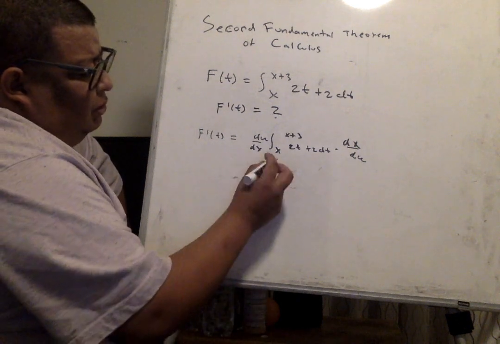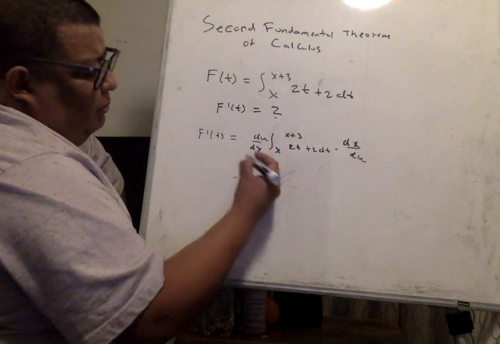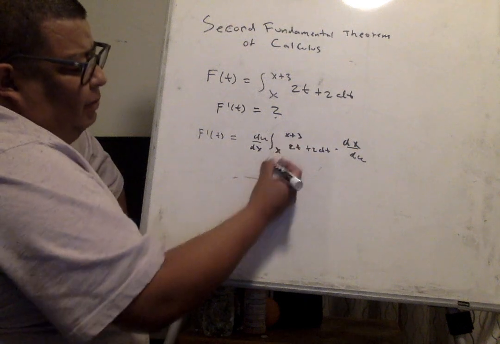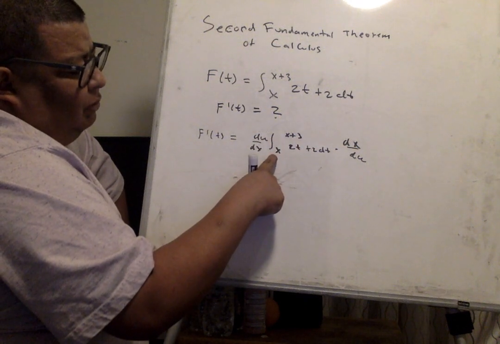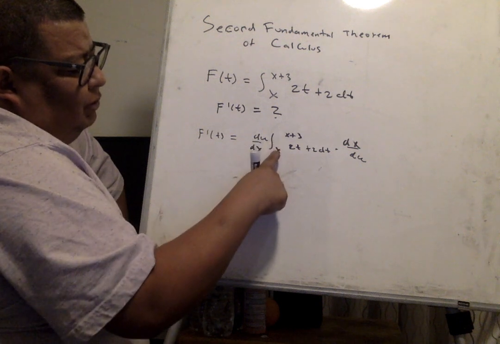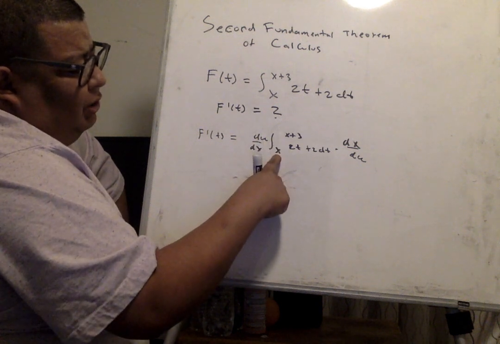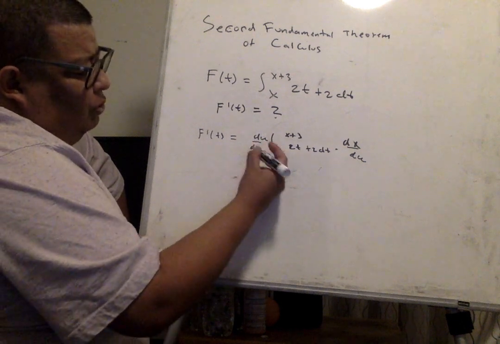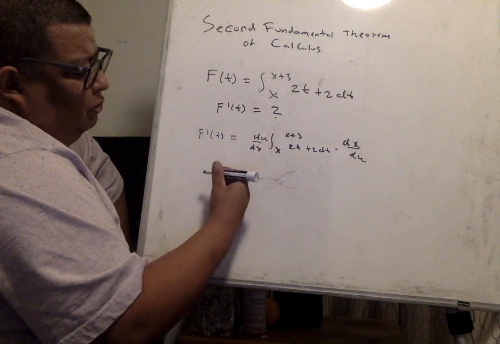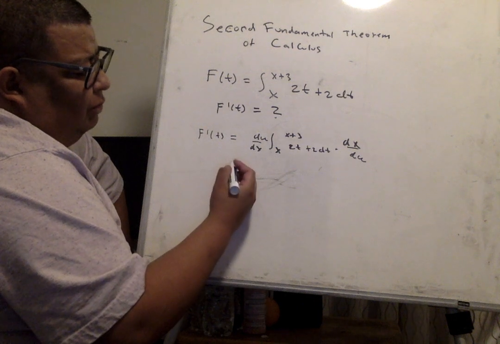Technically, because we have different functions in each endpoint, we're gonna have two variables, two substitution variables.